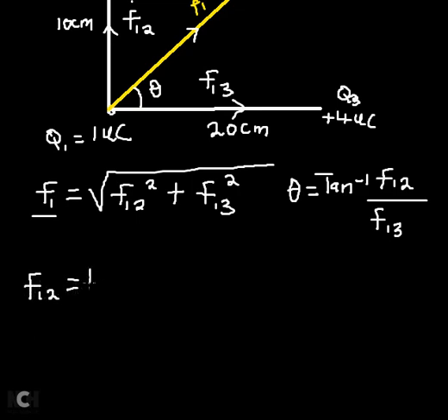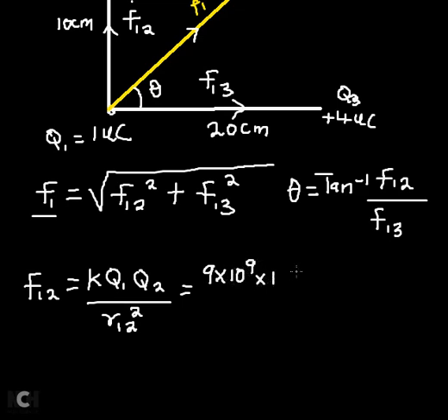You know very well that F12 is going to be k Q1 Q2 divided by r12 all squared. So this is going to be 9 times 10 raised to the power of 9, and my Q1 is 1 times 10 raised to the power of minus 6.